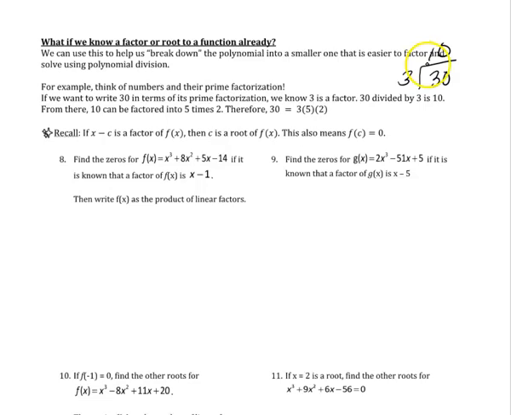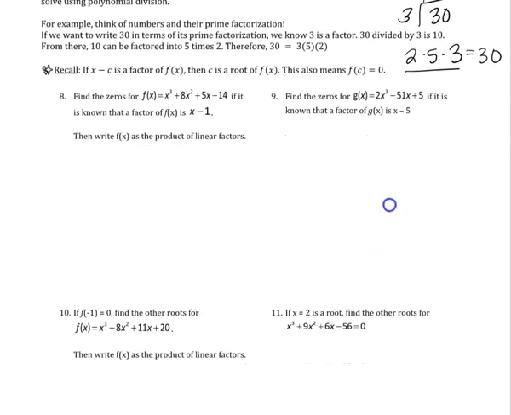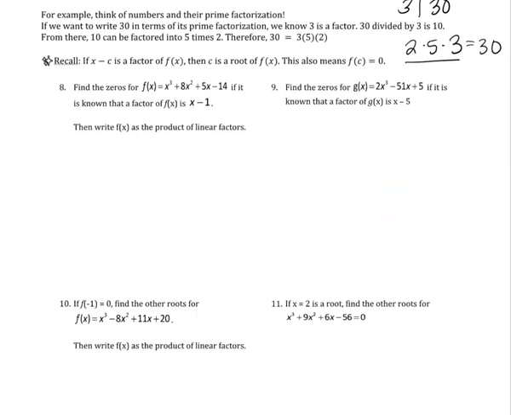But I can break down 10 further into 5 and 2. So putting it all together, 2 times 5 times 3 would equal 30, and that's its prime factorization. So it's essentially the same thing, but just with polynomials. In our example 8, I'm telling you that I know that x minus 1 is a factor of f of x.